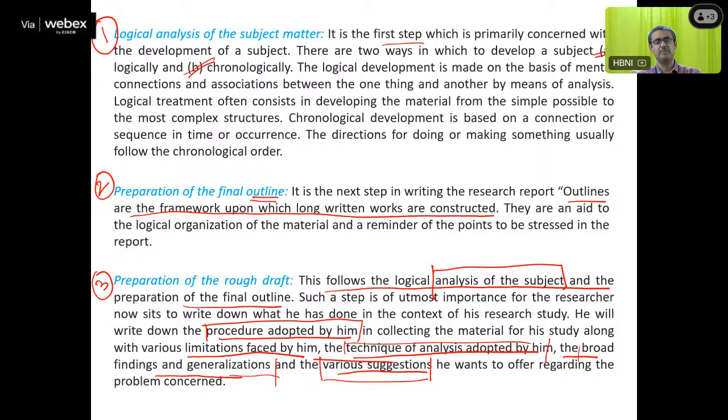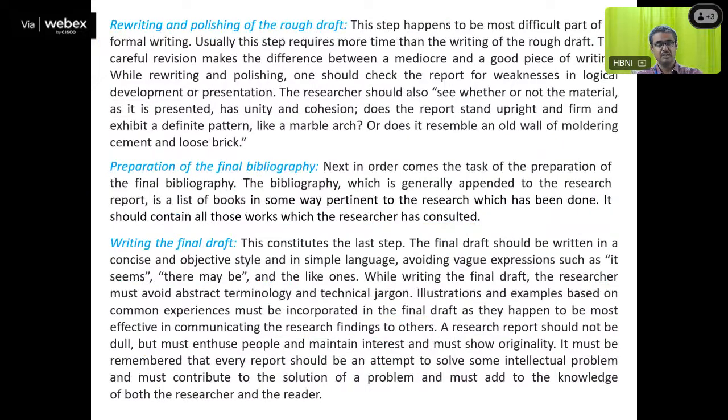At that stage, don't think about correcting errors. You keep on writing, okay? Because the next step consists of rewriting and polishing the rough draft. So the rough draft, whatever is in your heart, you pour it out, okay? So in the rough draft, your head, heart, and hand, all three are continuously in process.